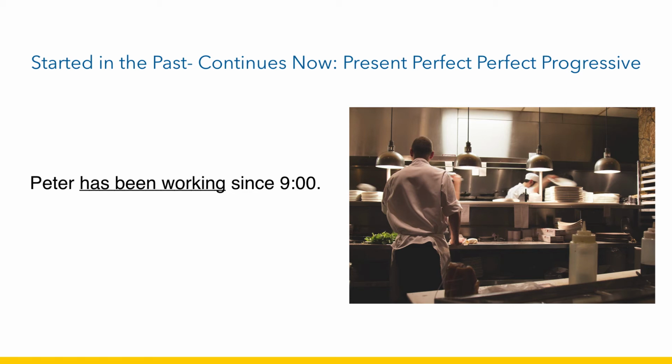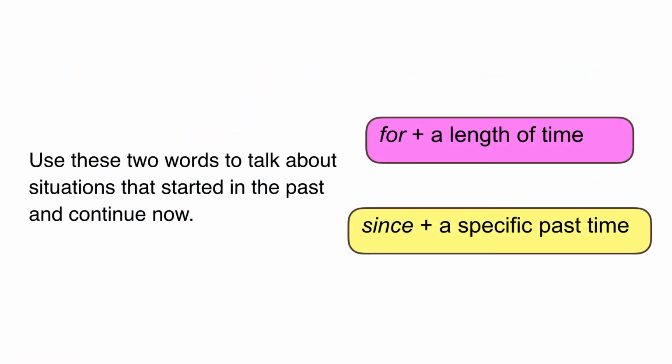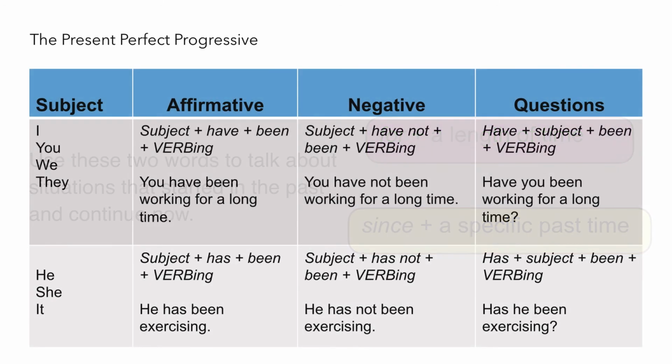When we use the present perfect progressive, we often use these words: for and a length of time, and since plus a specific past time. To form the present perfect progressive, we need have or has, been, and a verb plus ing.